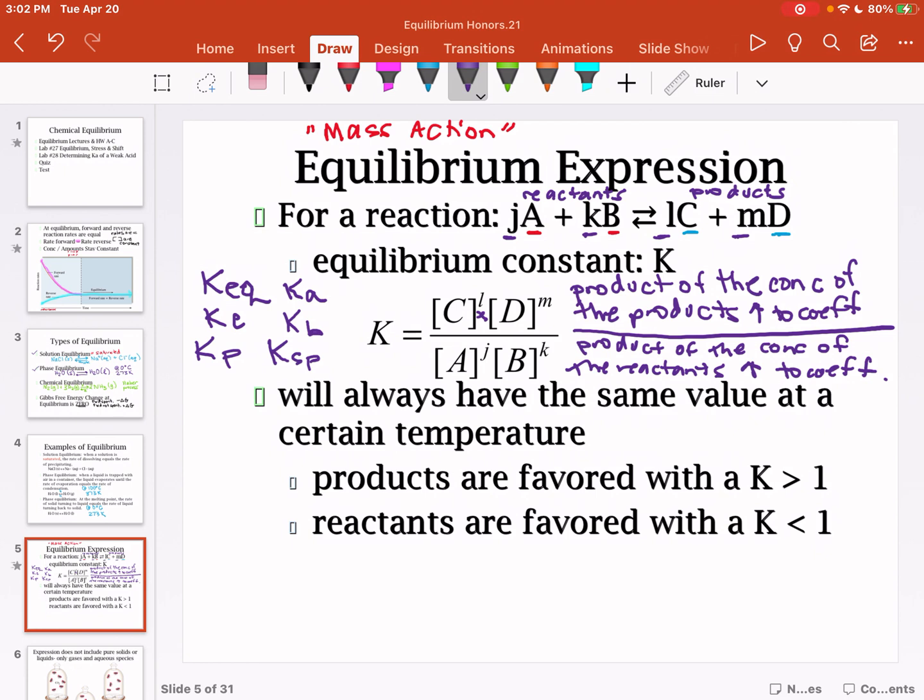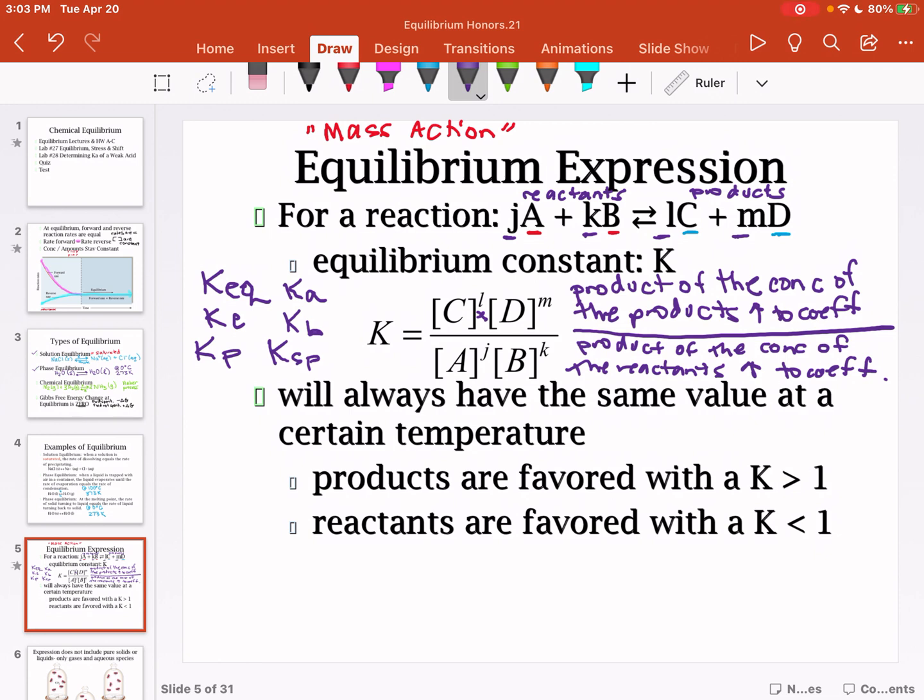So let's think about what the significance of this K would be. It would make sense that if my products and my reactants were, in essence, equally favored, whatever number I had in the numerator for products, I'd have the same number in the denominator for reactants. And the same number over the same number happens to be 1.